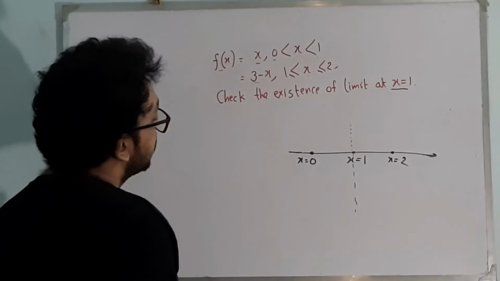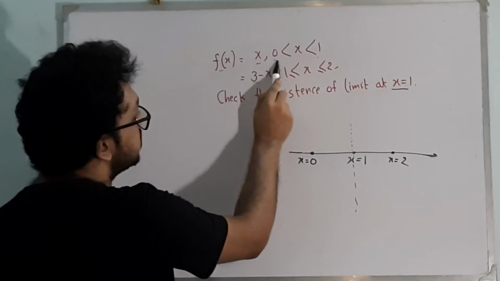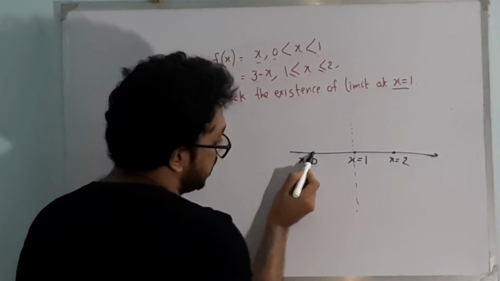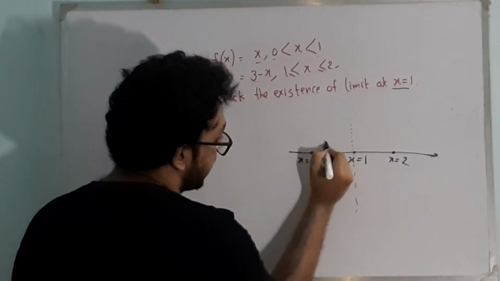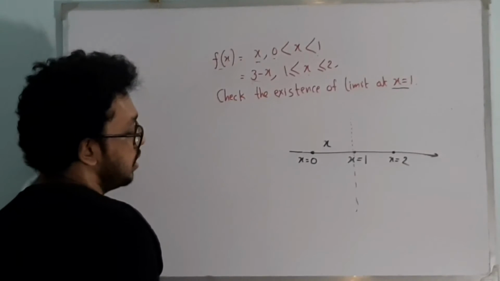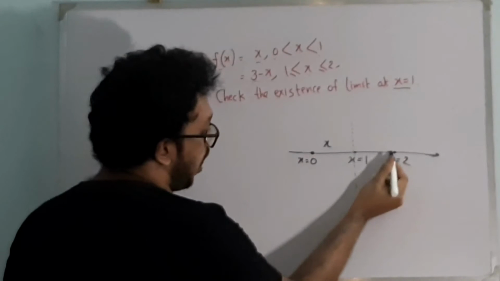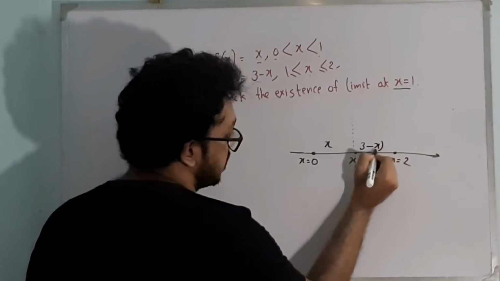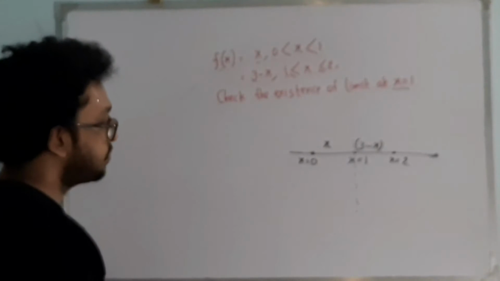Now observe that when x is varying from 0 to 1, then f(x) is x. And when x is varying from 1 to 2, then f(x) is 3 minus x, right?